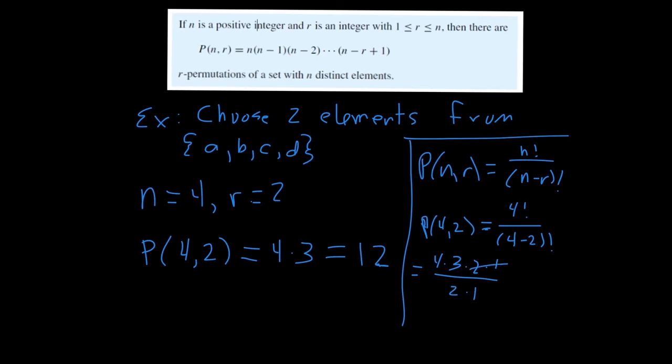The 2 times 1 cancels with the 2 times 1 down here, which just leaves 4 times 3. So you can always do this little trick. You'll always be able to use the bottom factorial to cancel out a lot, or at least some, of the numbers that are on top. And again, I'll show you in class how to use your calculator to do this.